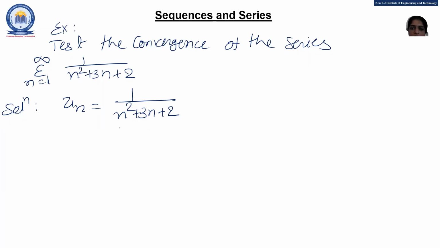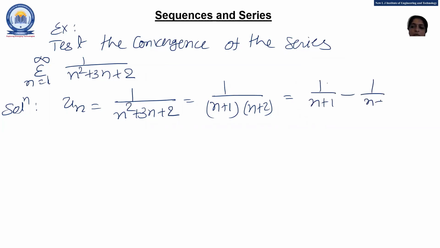So this is a quadratic term. So we find the factors of 2 by multiplication and by adding. So factors are here n plus 1 and n plus 2. Okay, n square plus 3n plus 2 represented in factor form is n plus 1 into n plus 2. Now again, if I represent this one as 1 upon n plus 1 minus 1 upon n plus 2, let's check by simplification.